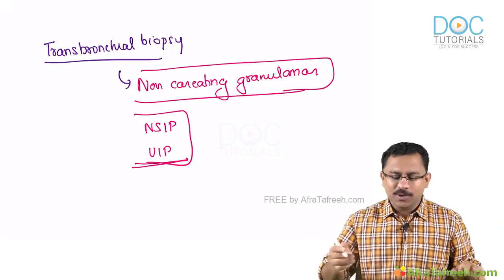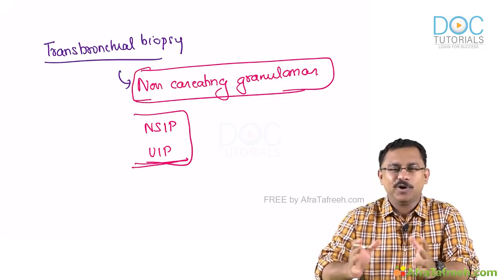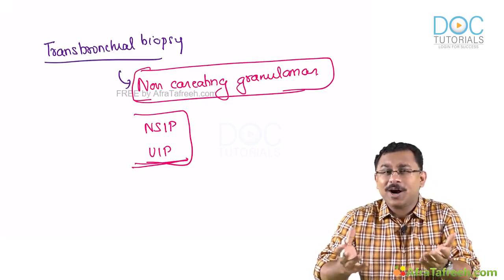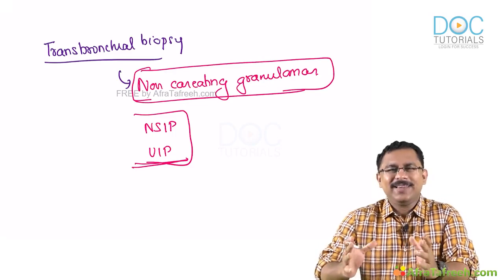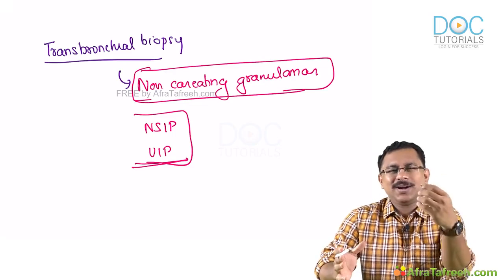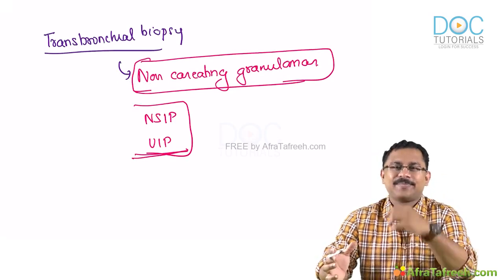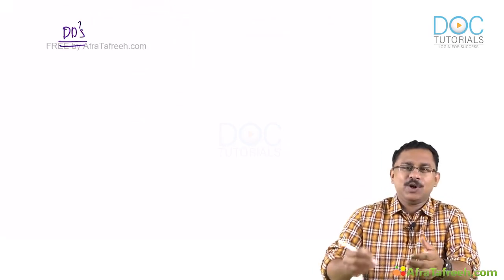But one finding that you will mostly see is the non-caseating granulomas, because of which there is a chance that it might be mistaken for what? Sarcoidosis also. Because this is a very tricky entity when you take into consideration the differential diagnosis of hypersensitivity pneumonitis.